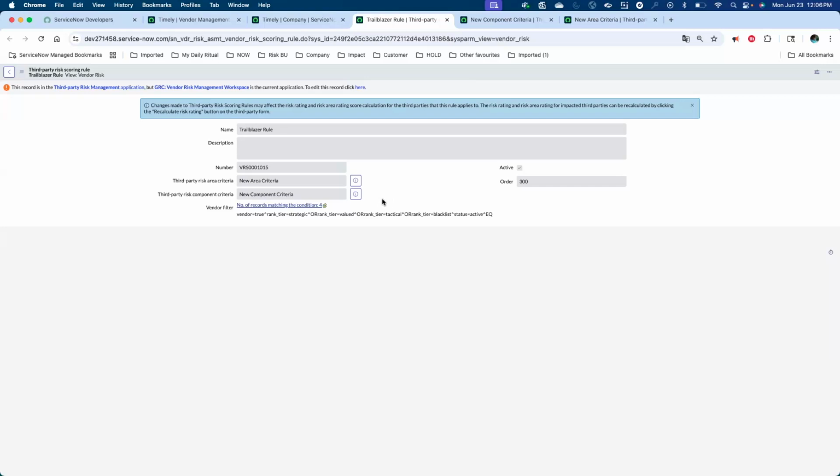It basically has the third-party risk component criteria and the risk area criteria. So remember that it's the component criteria that matters the most in terms of calculating the rating itself, and how the rating is portrayed from a different domain perspective is your risk area criteria.